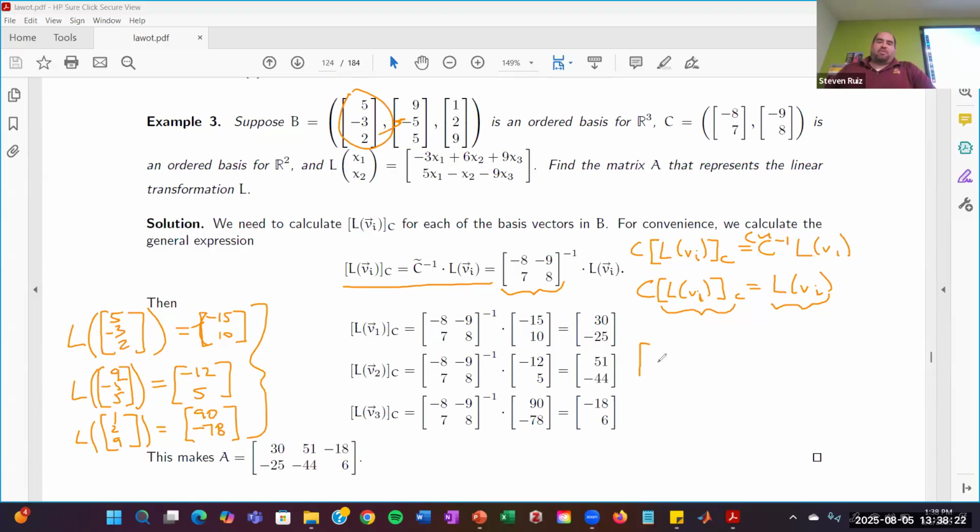So that's why this is the thing we're trying to isolate, this LVI with respect to C. So C inverse times LVI.